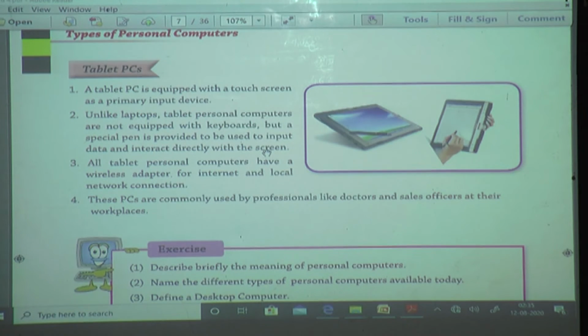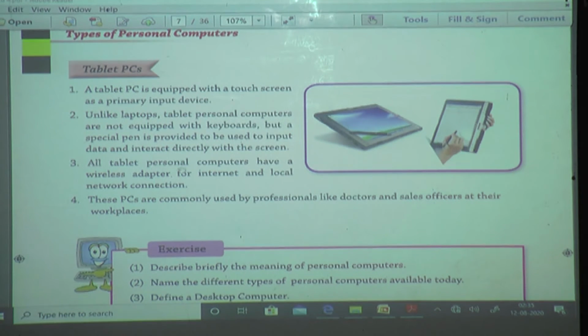Means if I want to operate a laptop, then I must use the keyboard and mouse. But if I use the tablet, then, as you just saw, by using a pen. It has a special pen, not our writing pen, and by using that pen we can operate the tablet PC.